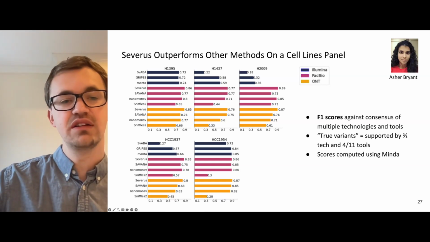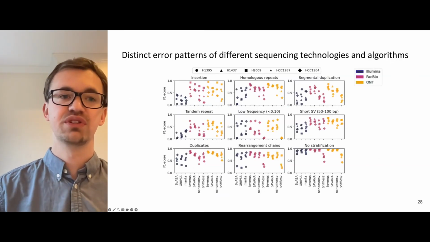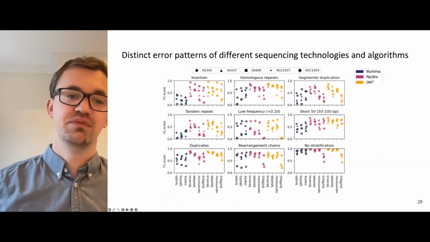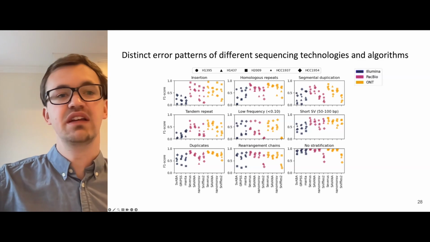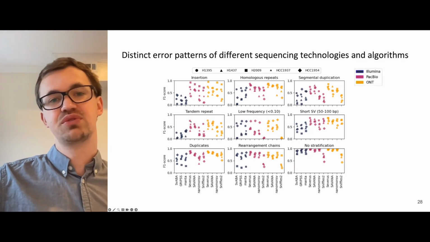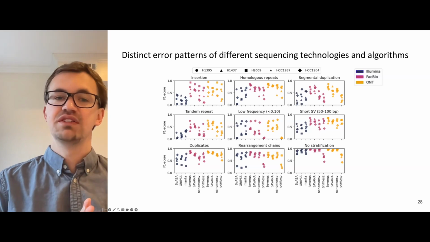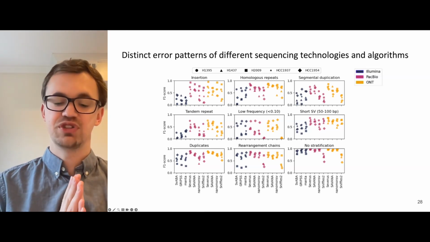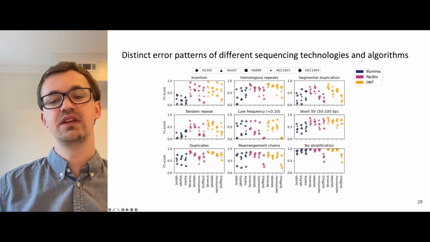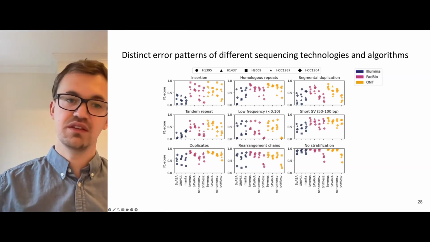So we looked a little bit deeper into the patterns of errors that different technologies and different tools are making, which are summarized here on this figure. I will walk you through. Every dot corresponds to the F1 score for different cell lines and different tools. And the structural variants were stratified based on different challenging patterns.